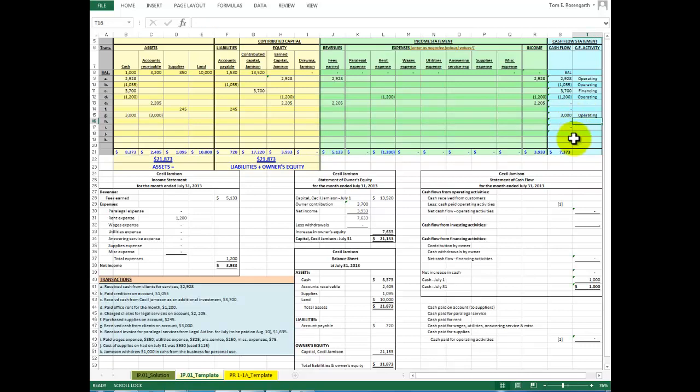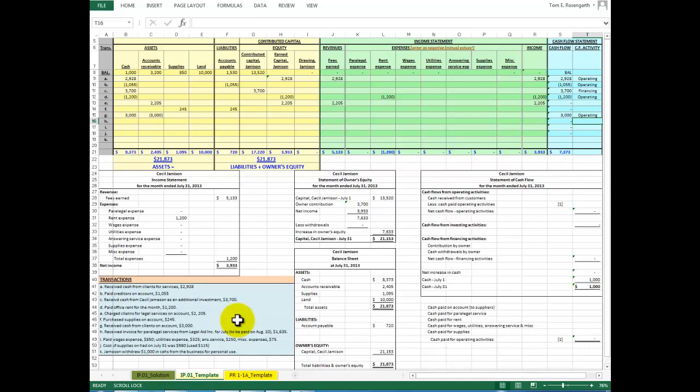statement of cash flow. In transaction H, Cecil received an invoice for paralegal services from an outside company called Legal Aid, and this was for the services that Legal Aid provided in July. Cecil, though, will not pay this amount until August.